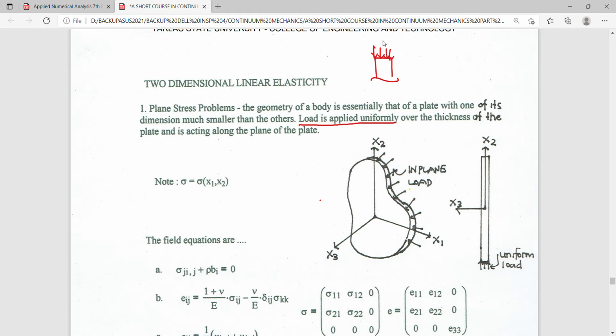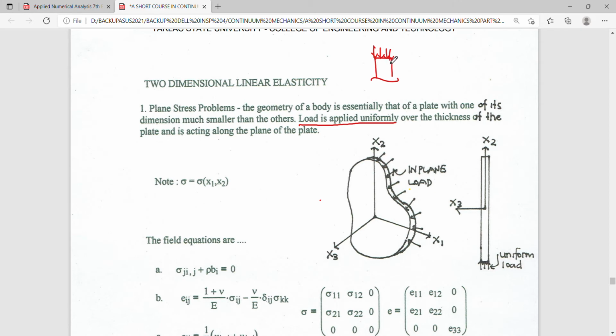Then when you apply a load, okay, parallel to the plane of the member itself, then it is quite achievable to allow the load to be uniformly distributed throughout the thickness of the plate.